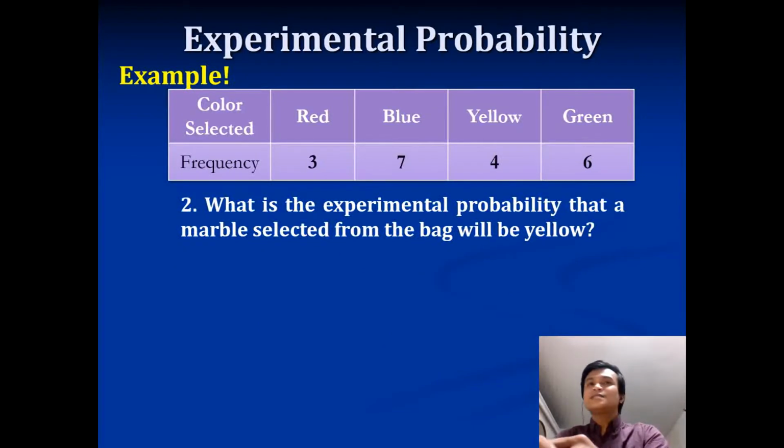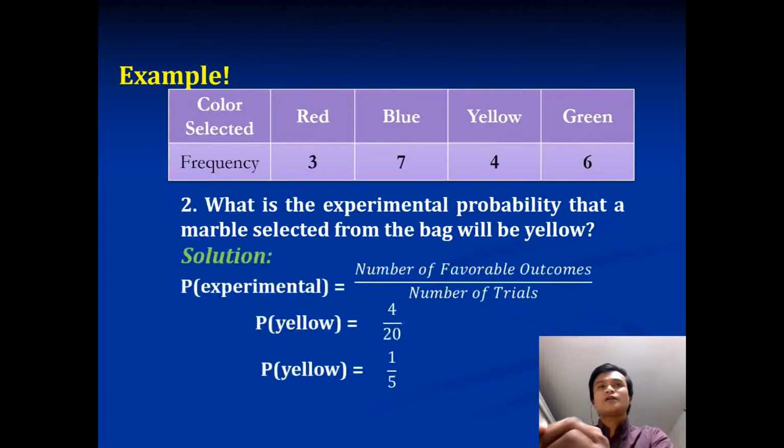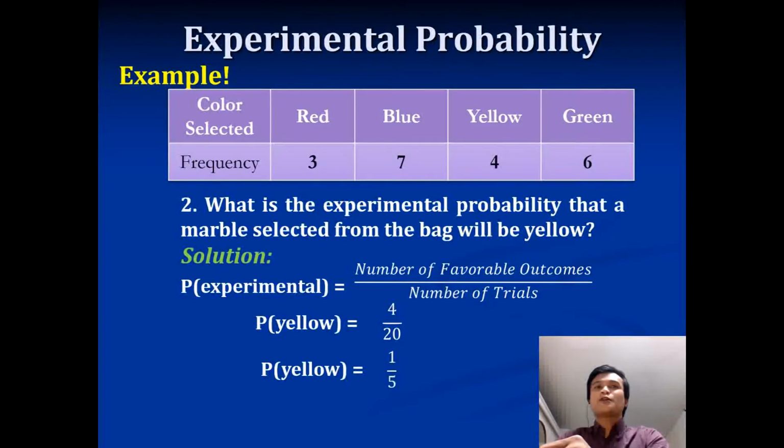Number 2. What is the experimental probability that a marble selected from the bag will be yellow? The solution: experimental probability is the number of favorable outcomes over the number of trials.